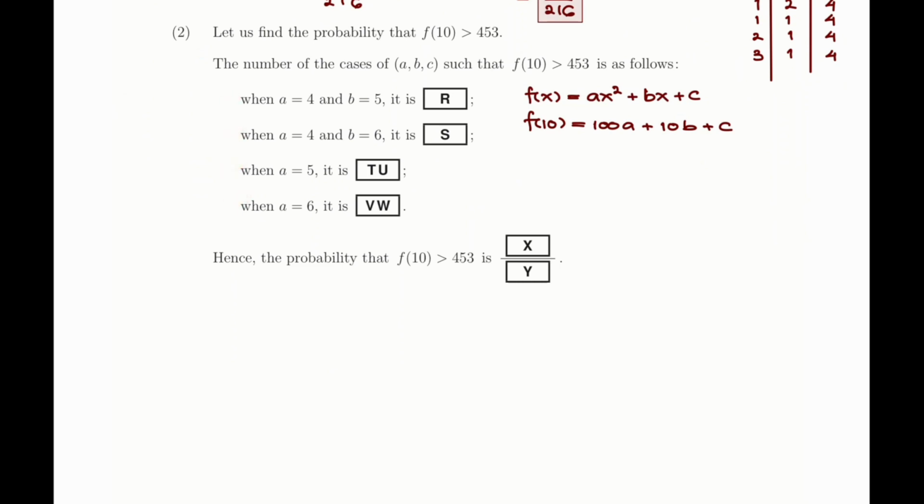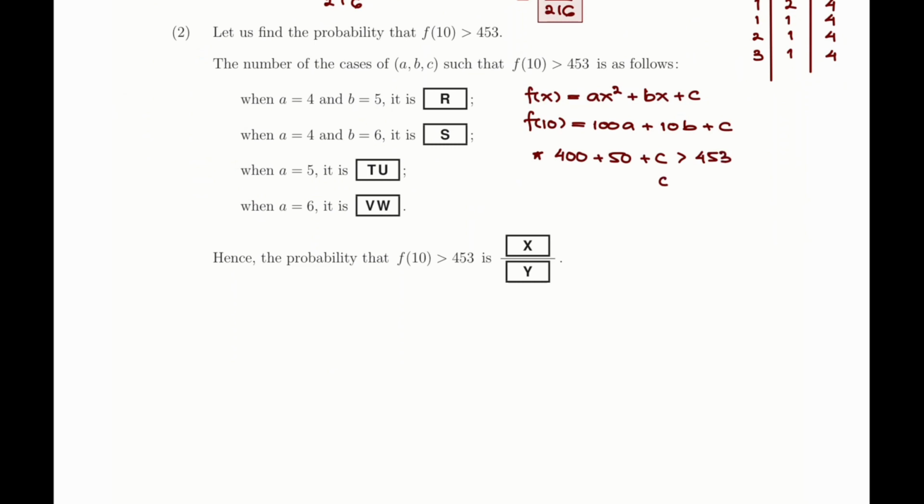The first one is when a equals 4 and b equals 5. As you can see here, if a equals 4, that means you have 400, and b equals 5 plus 50, plus c must be greater than 453.